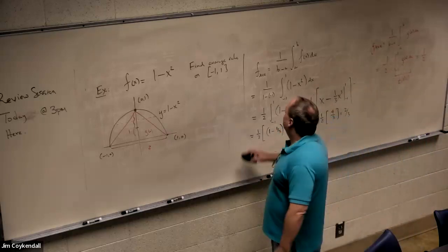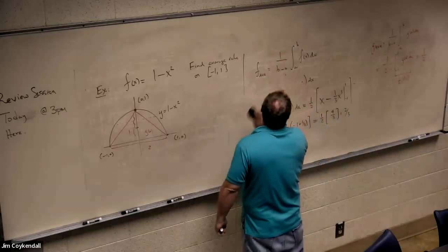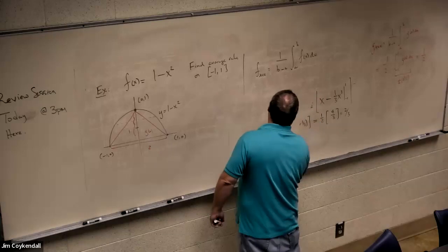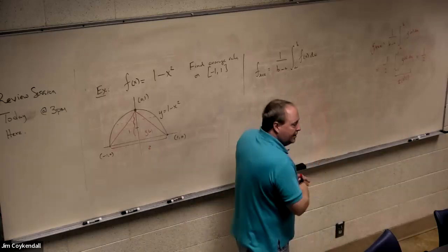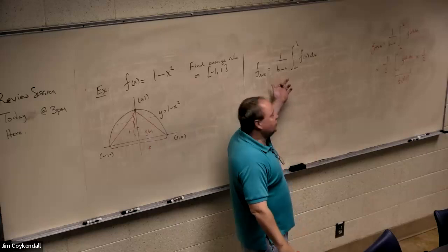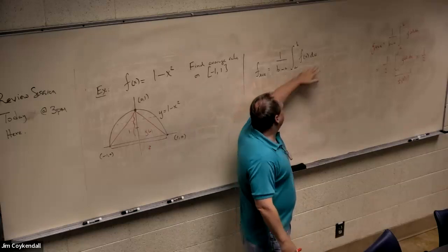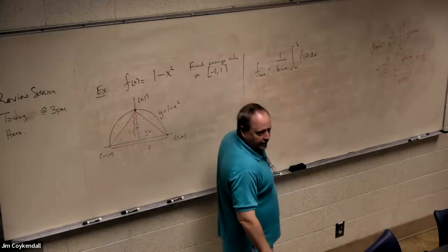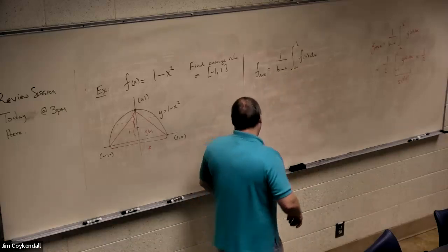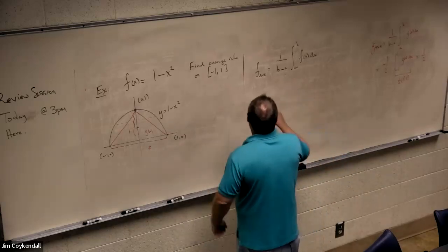Okay. Here's something you need to know. The way I can remember the average value is, loosely, the area under the curve, signed area, plus or minus, divided by the length of the interval. Here is the theorem.